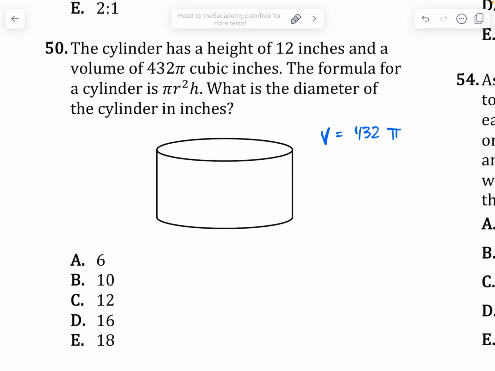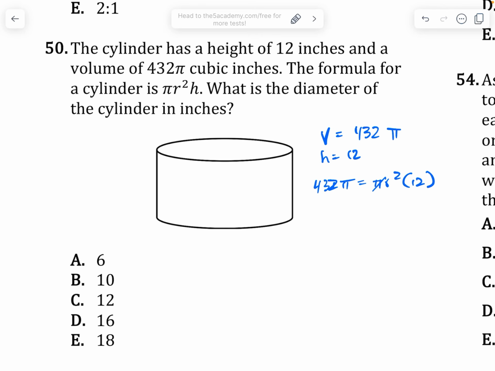Now, let me just plug the formula into that. So 432 pi is equal to pi r squared times height. Oh, sorry, we also know that height is 12. Okay, so the only unknown is the radius, right? Let's just solve for that.